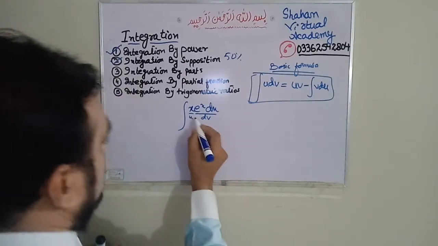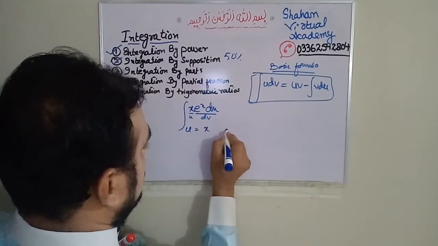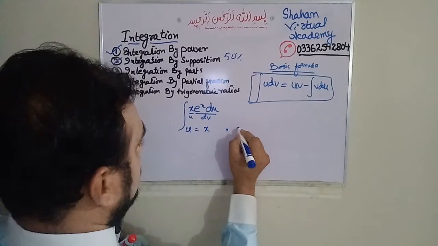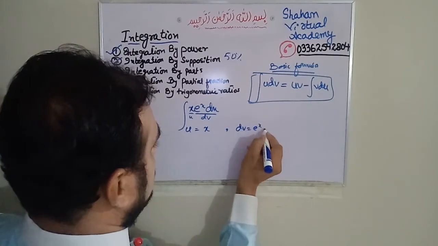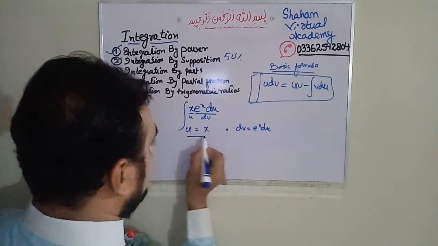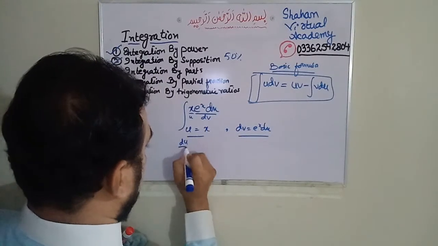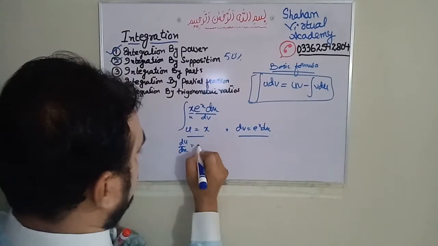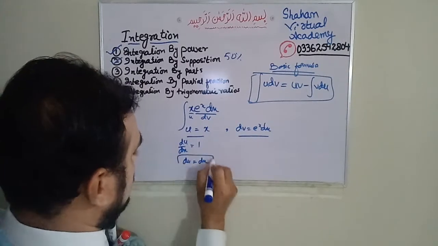So we suppose u is equal to x, while dv is equal to ex dx. We apply differentiation on the left side and we integrate on the right side. When we differentiate x, it becomes 1. So what is the value of du?